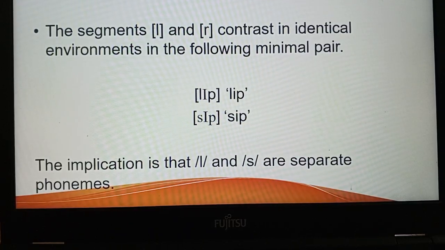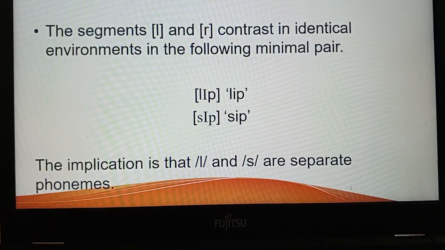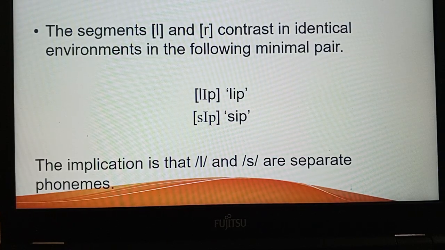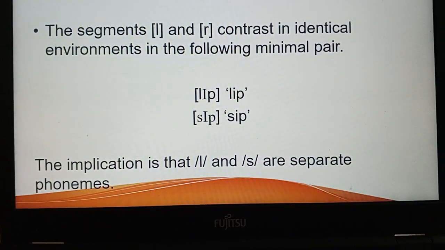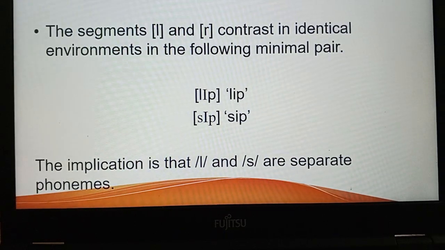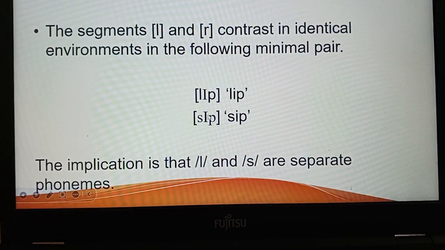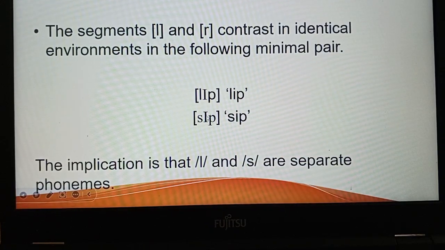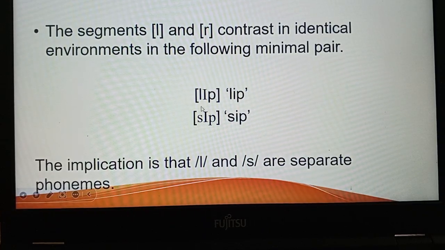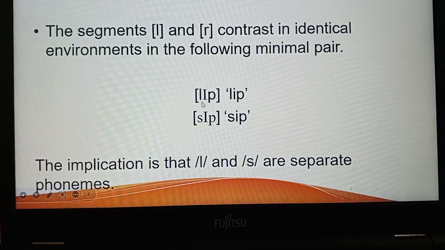Look at the L sound for lip and the S sound for sip. Both consonants, the L and S, are found before the vowel E, the short E. So the environment now becomes identical. When I say identical, it is similar. The E here and the E here would just be considered similar. So S and L are contrasts in identical environment. Why contrasts?